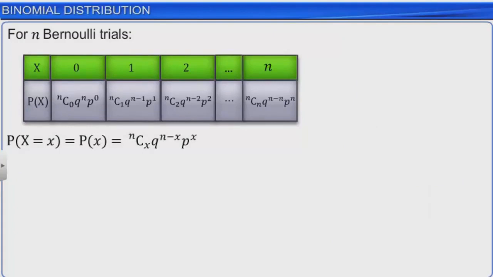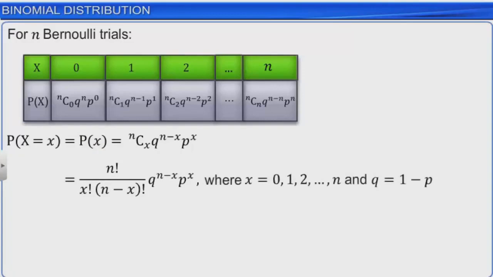Now, nCx can be written as n factorial divided by x factorial into (n minus x) factorial, where x is equal to 0, 1, 2, and so on till n, and q is equal to 1 minus p. Here, P of x is known as the probability function of the binomial distribution.